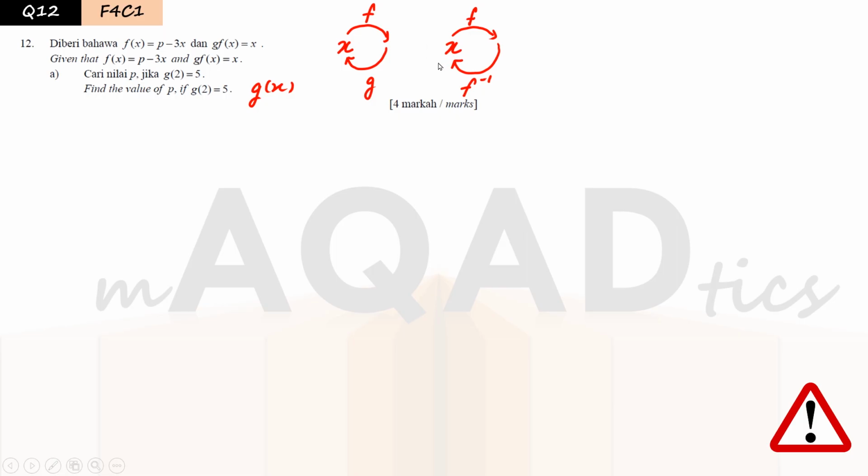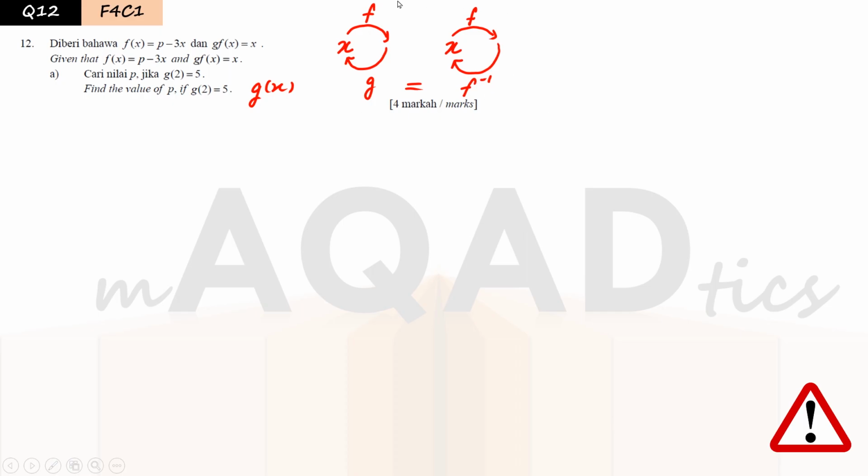So what does this say about g? g is actually the inverse of f, because if you put in f and then g, you get back the same value, which is why g is the inverse of f.